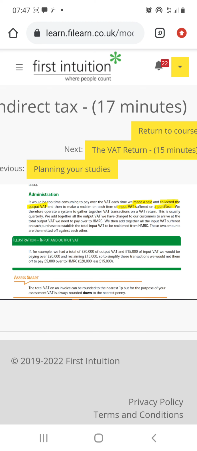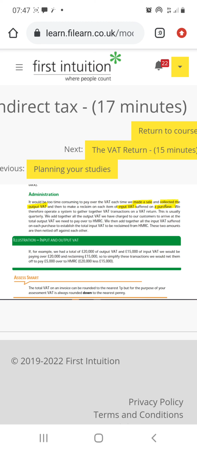So all the sales made in a particular period, let's say it's a 3-month period or a quarter, are added together. All the VAT on things that they've purchased over that same 3-month period is gathered together, and we then net off one with the other.